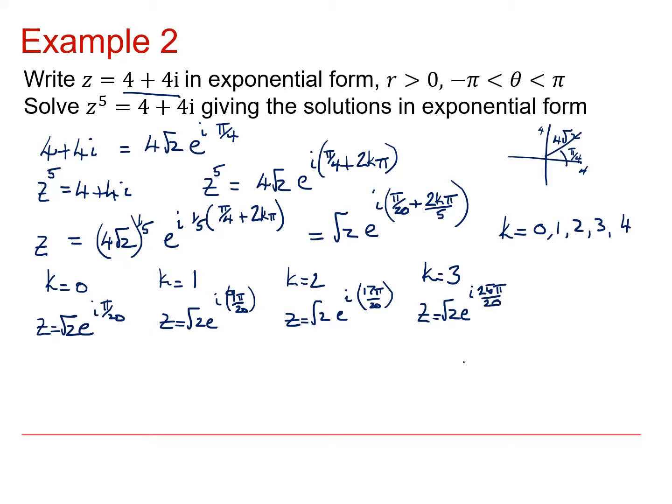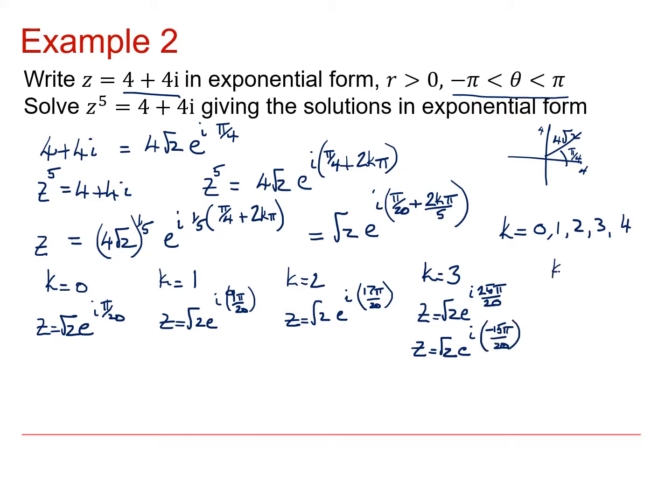Again, 8 further on. This is out of range though, because I want theta to be between minus pi and pi. So I need to spin that back by 2 pi, and this is going to give me that z is equal to root 2 e to the i, minus 15 pi by 20.